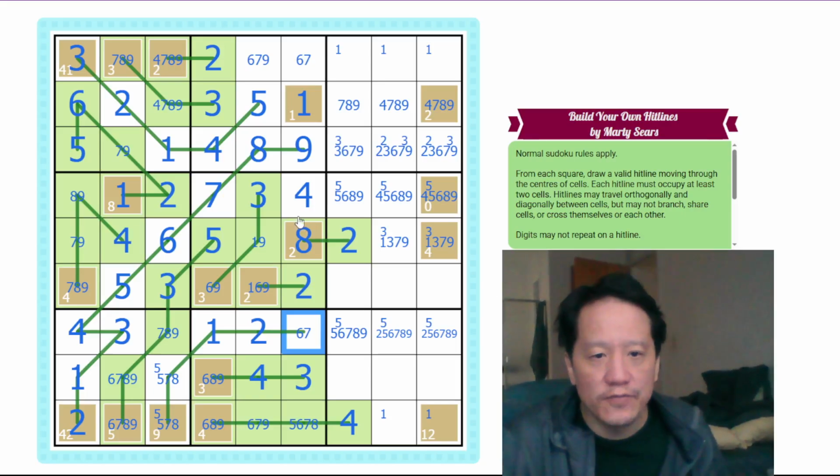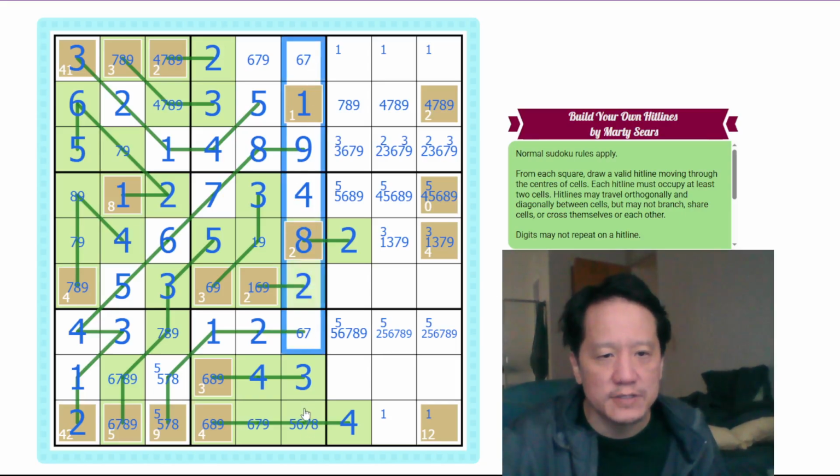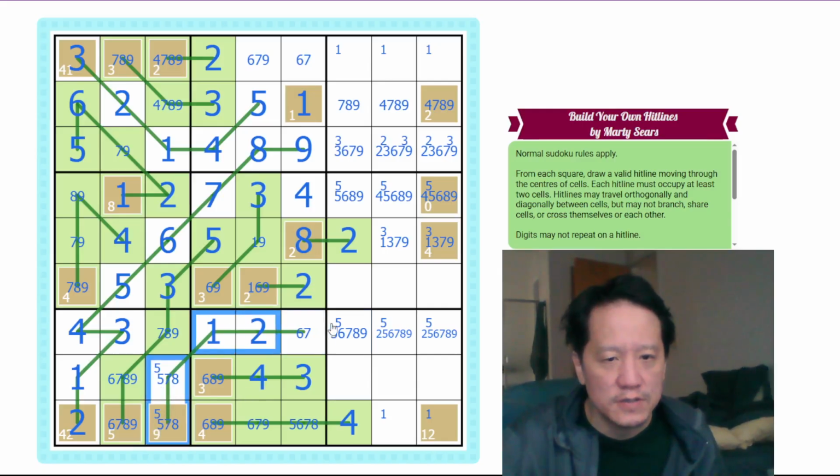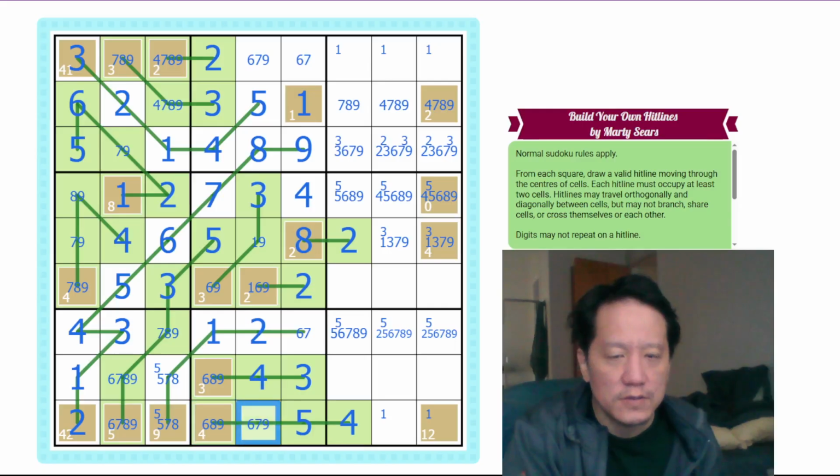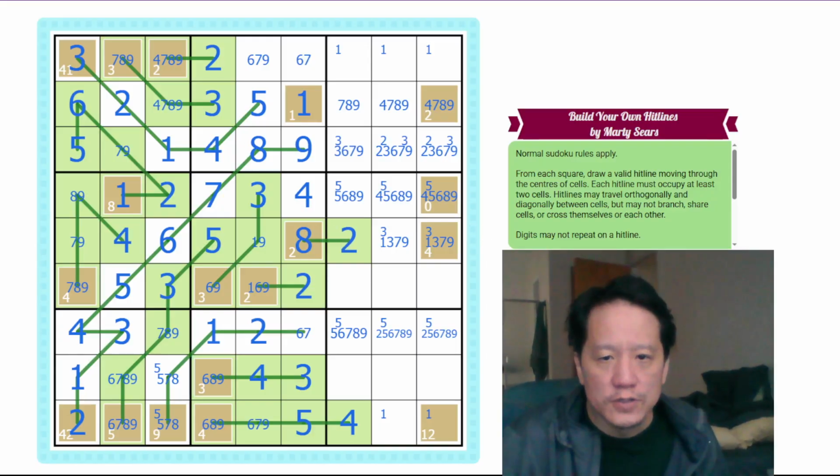We have a 6, 7 pair in column 6, which eliminates 6 and 7 in the rest of the column. Wait, why couldn't this be... Oh, this can't be 5 because one of these is a 5. Right. So this has to be 5 here. So this is done as a line.